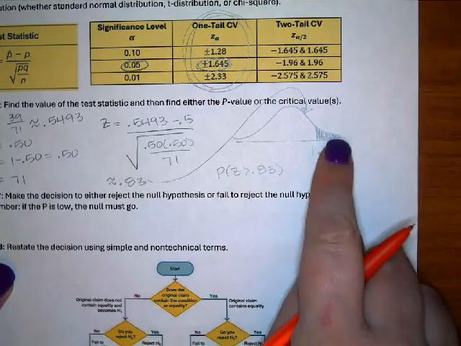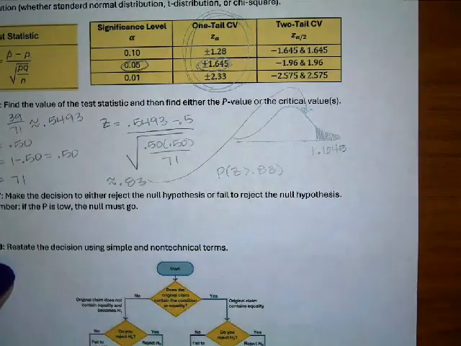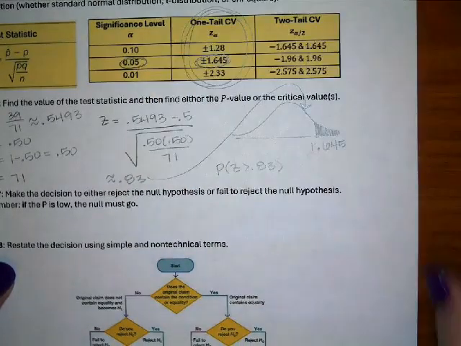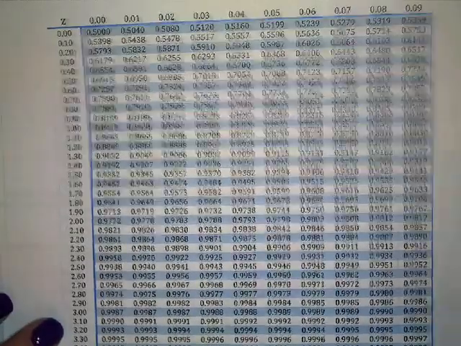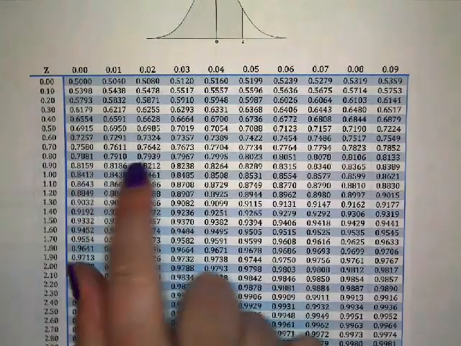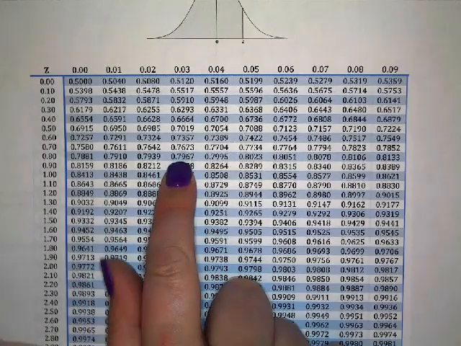I'm going to grab my standard normal distribution table. I'm going to look for 0.83, and I know that because this table measures areas from the left, I'm going to have to get the complement of this probability. So I'm not going to say that my p-value is 0.7967. I'm going to have to do 1 minus that number.